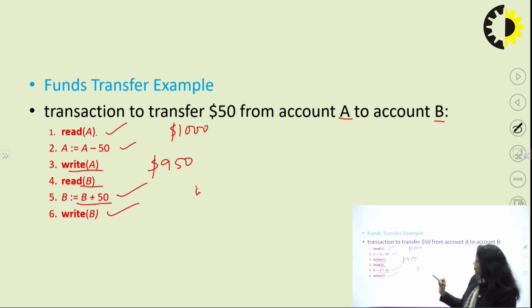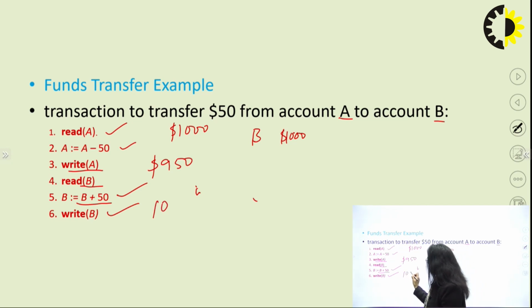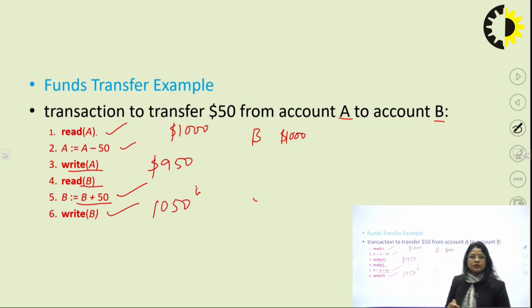This write operation will actually write the exact added value. So initially, if account B has $1,000, now it will have $1,050. So this is how one transaction can be executed.